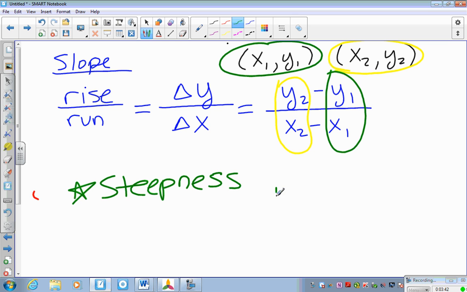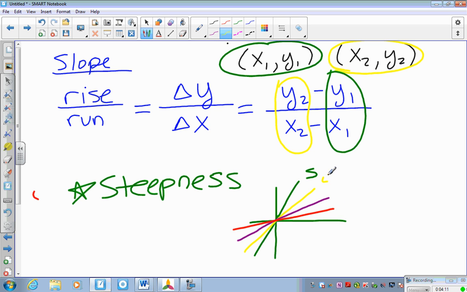So for example, if this is a line, and I make it less steep, so I'm going to kind of alternate colors. If I make it less steep, that's going to have a smaller slope. If I make it even less steep, that's going to have a smaller slope. And I keep doing this. Keep decreasing your slope. So for example, say that this first one had a slope of 5, and then this one has a slope of 4, and this one has a slope of 3.